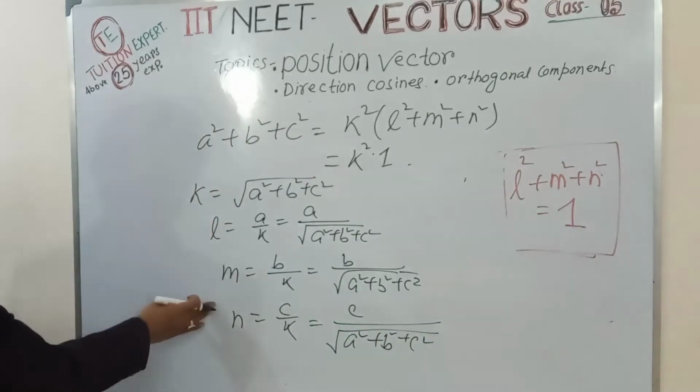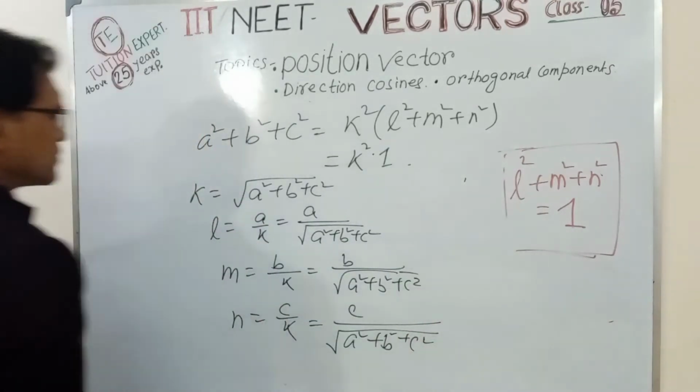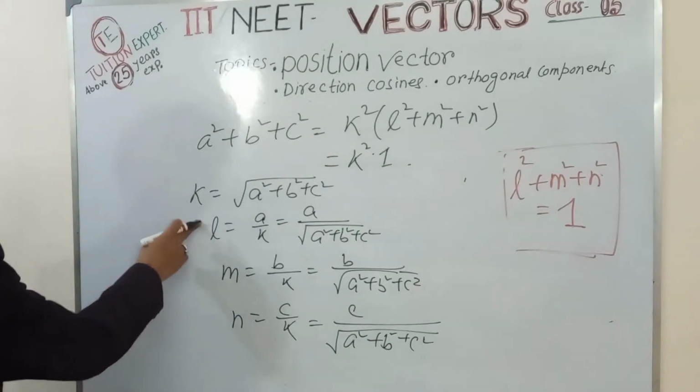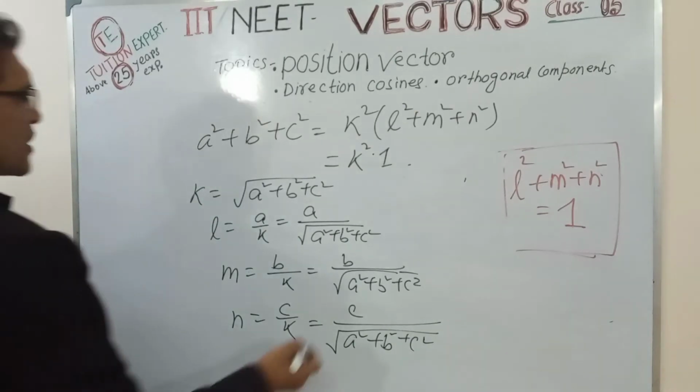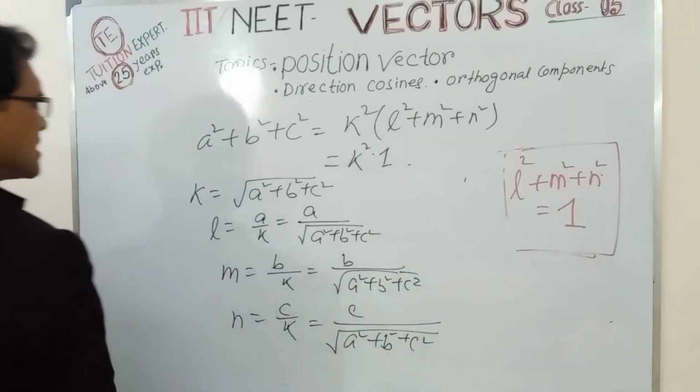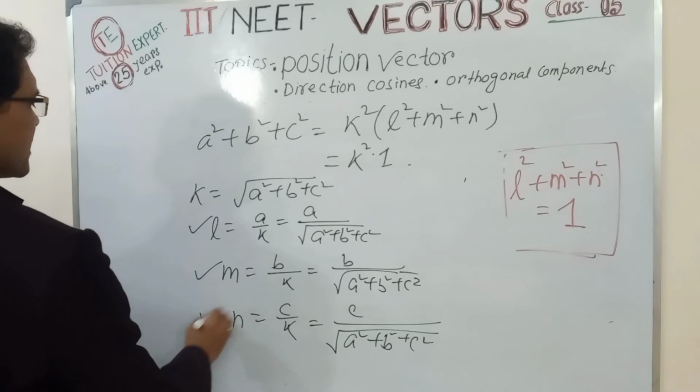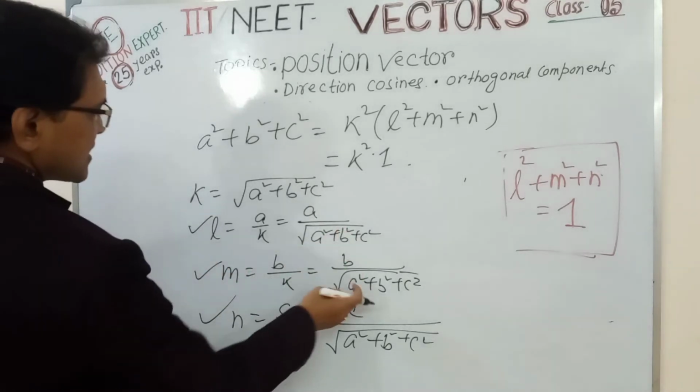If we square and add, we get the result 1 also. So if you are given the direction ratios a, b, c, you can get l, m, n by this result.